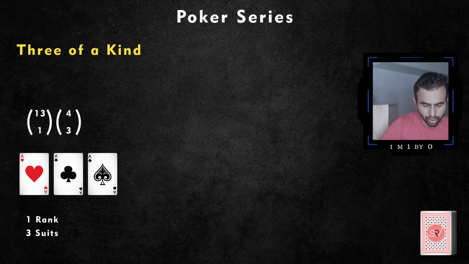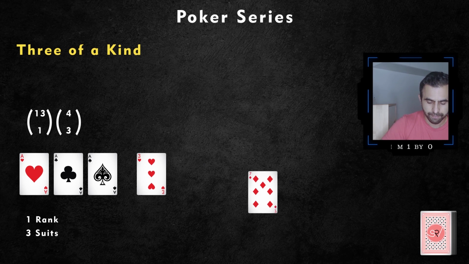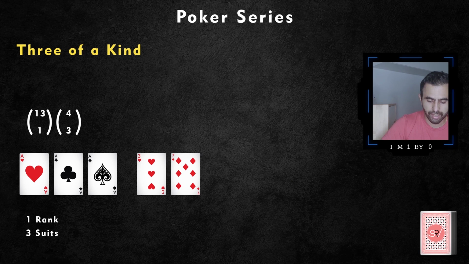Now the last two cards that you pick can be random again. So once I constrain one rank, I have 12 other ranks, right? So I can't pick the same rank. What happens if you pick the same rank? In fact, if you pick the same rank, then it becomes four of a kind, right? If I pick three, then it's three of a kind.